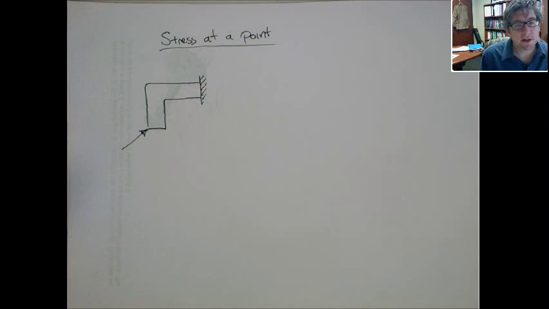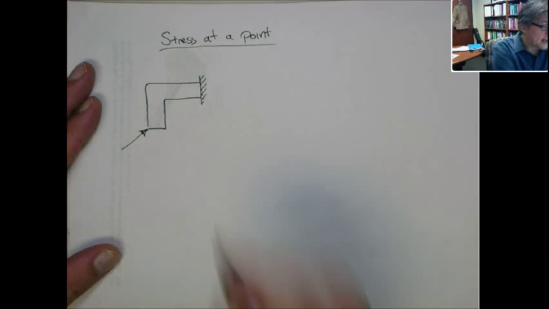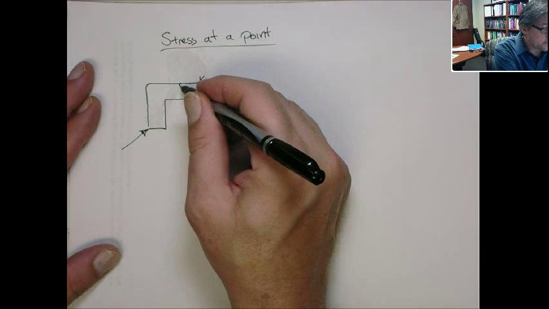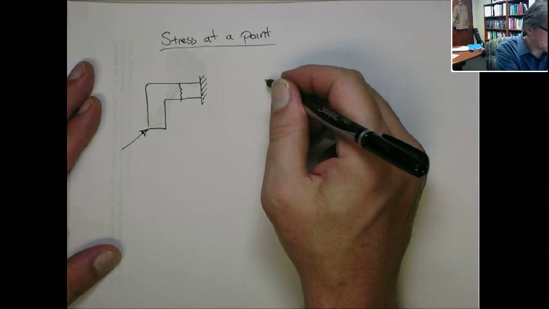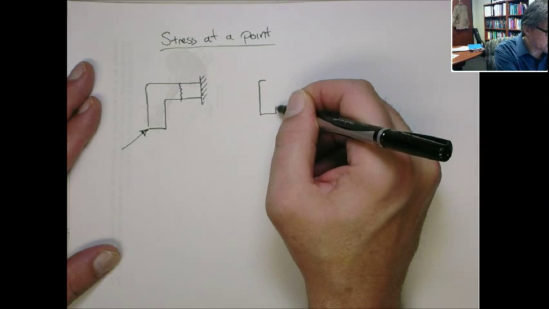As mentioned in class, we're primarily concerned about whether components fail, designing them so that they don't fail. We've looked at, for example, if you cut the body and expose the internal reaction forces, we've already discussed that.